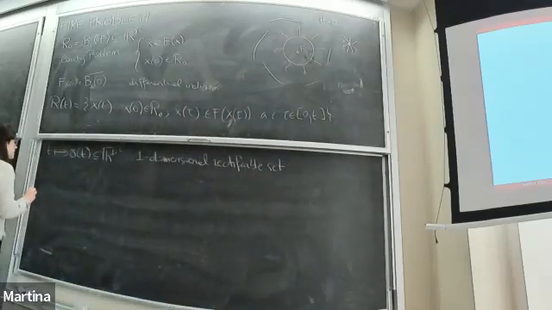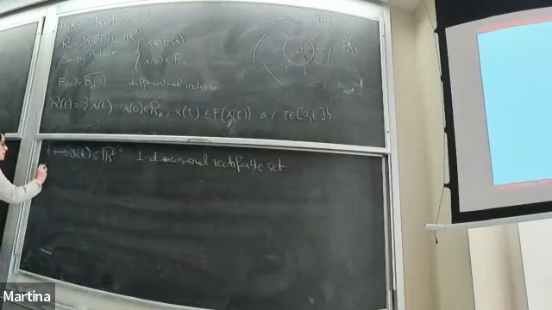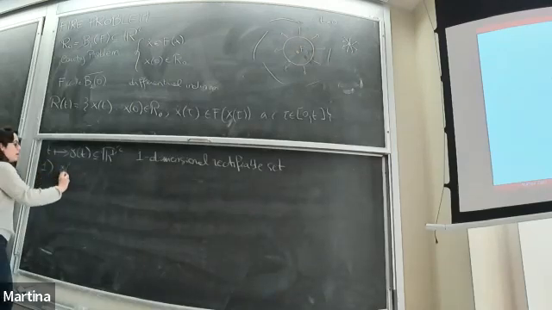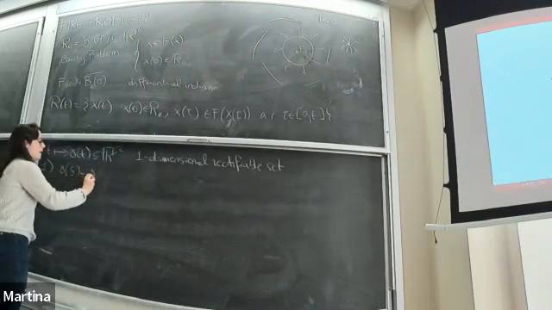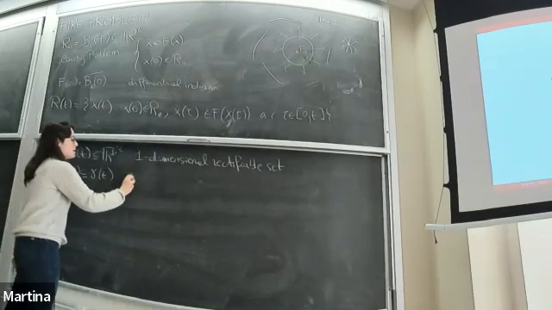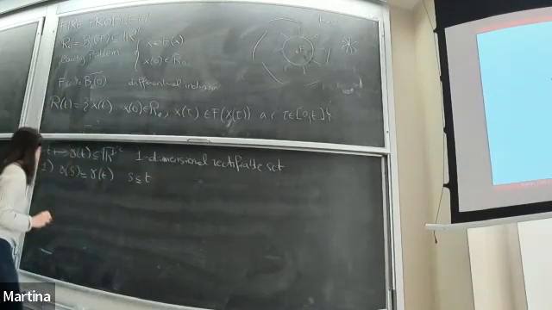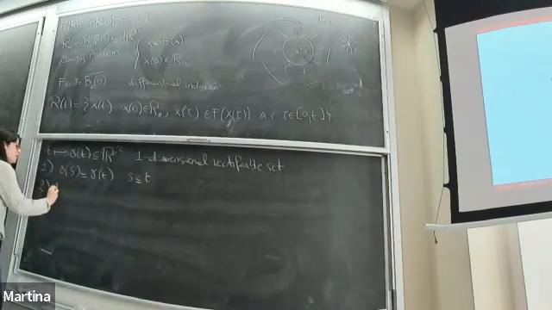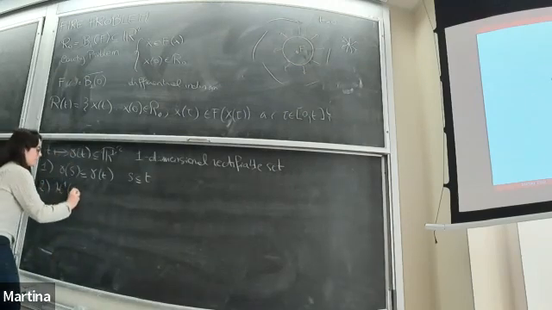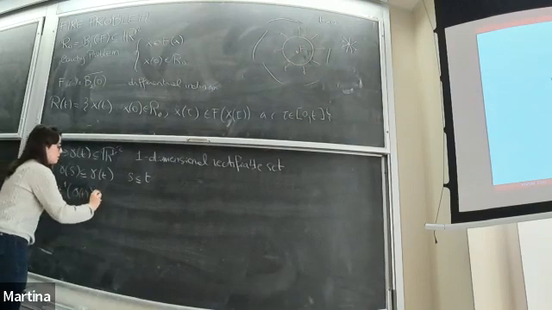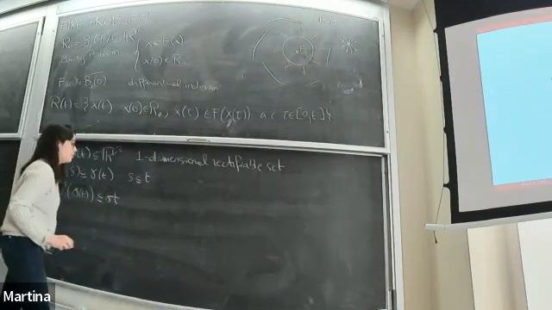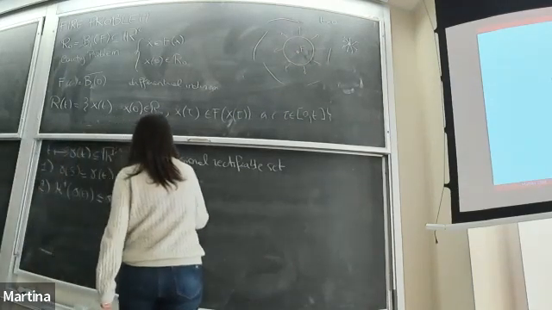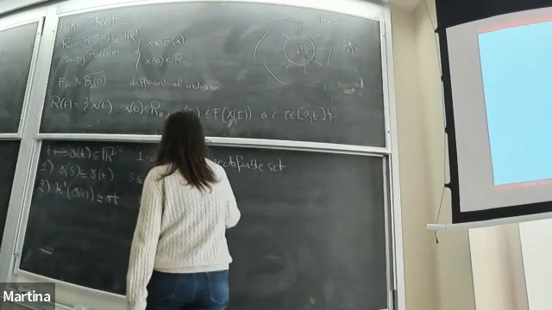And it satisfies the following properties. Gamma(s) is contained in gamma(t) whenever s is lower or equal than t. And H1 of gamma(t) is lower or equal than sigma t for every t, where sigma is a positive constant.